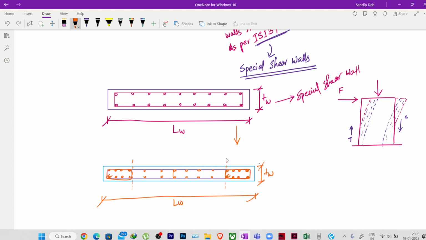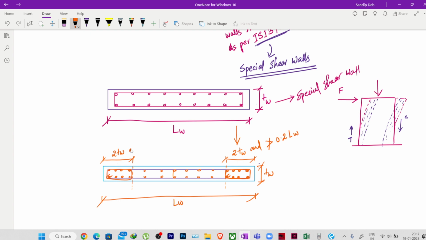So these end zones where we are providing reinforcement like a column, this length of the end can be at least 2 times the thickness of the wall, and this length should not be greater than 0.2 times LW.